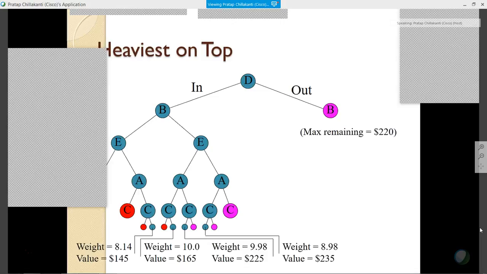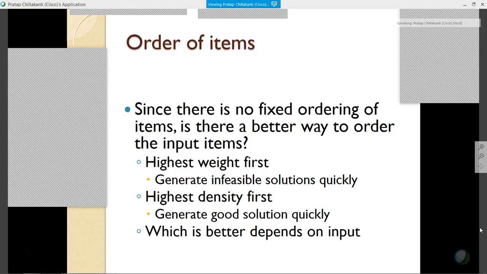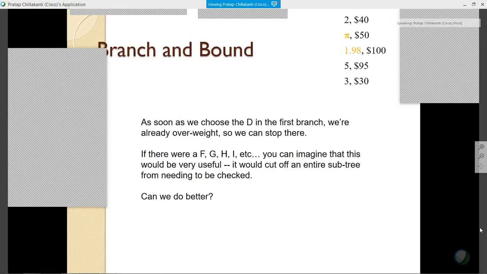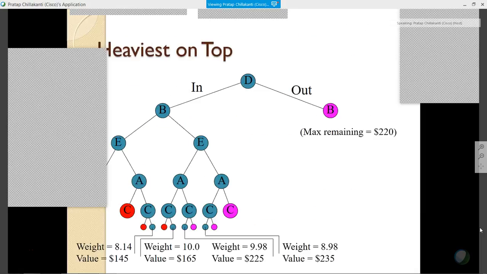Keep this snapshot in mind. I'll switch some slides here. You can see how big this tree was. You see the difference? You build a tree starting with A, you get such a big tree, whereas if you start with D, you get a much smaller tree. Smaller means more efficient, right?